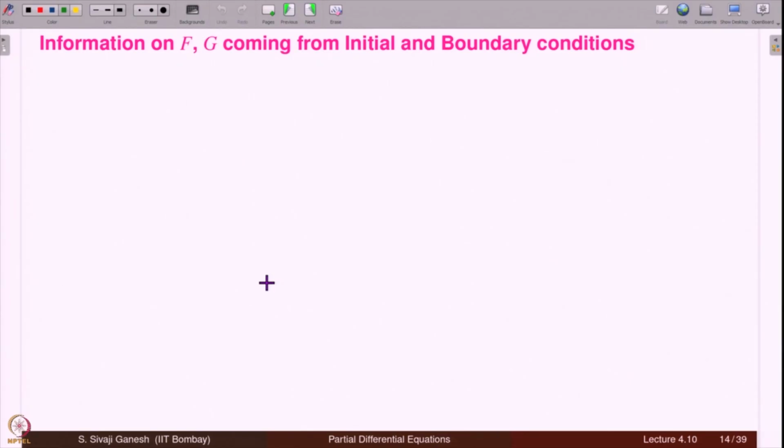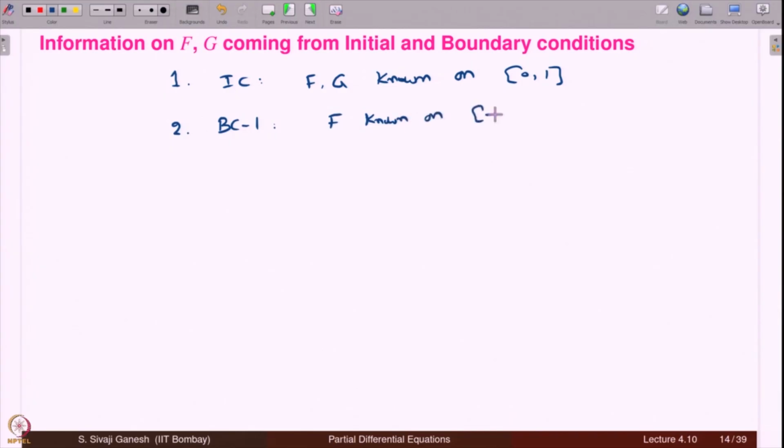So, let us write down the information that we got from both the initial and boundary conditions. What did it say? First one is initial conditions, it gave us f and g are known on this interval 0 1. Second thing is boundary condition 1, that gave us f values. So f is known on minus 1 0, because it is expressed in terms of values of g on 0 1, that is why we got this.